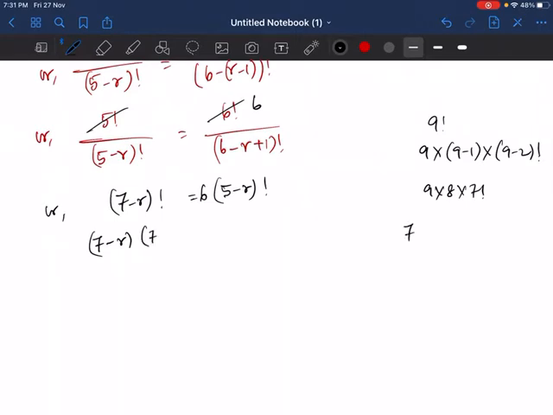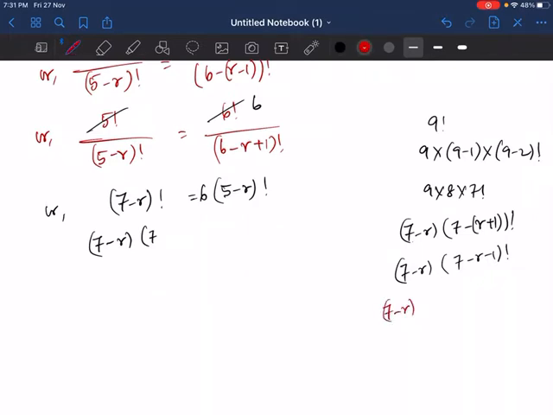minus, look, if I am writing 7 minus r as 7 minus r plus 1 factorial, if I write like this, right? 7 minus r into 7 minus r plus 1 factorial. So what we are getting is 7 minus r, 7 minus r minus 1 factorial, that we are getting 6 minus r factorial, but I need 5 minus r factorial. So what we are going to do is, we will move back a little bit more.